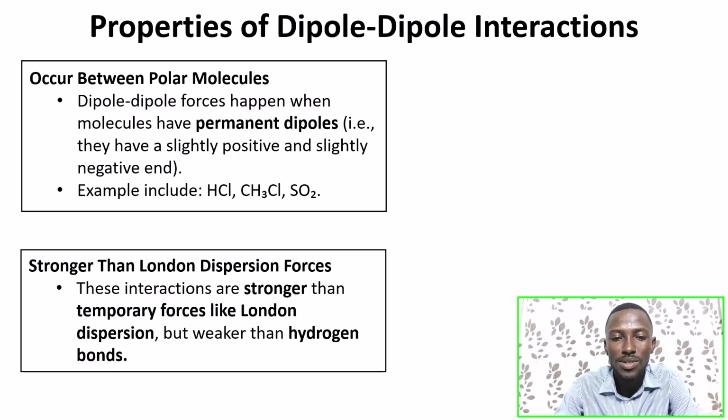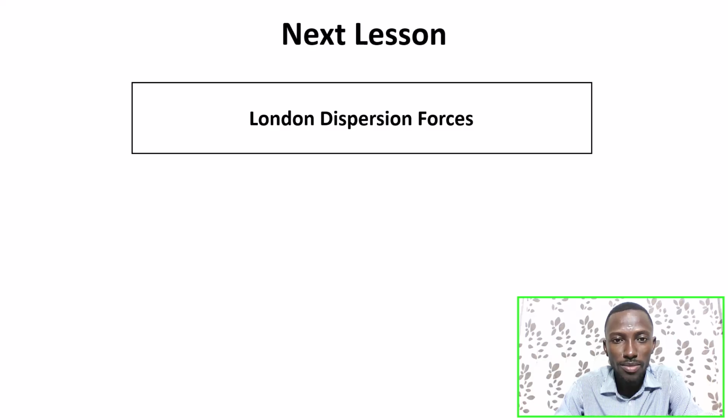A hydrogen bond is a special type of dipole-dipole interaction anyway. So when we get to hydrogen bonds, you'll understand the explanation of it, and why we said in an earlier slide that it is the chief intermolecular force of attraction between molecules of water. So this brings us to the end of this lesson.